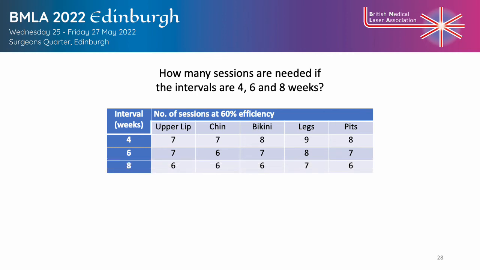And if you leave 8-week intervals, then it becomes between 6 and 7. So, in actual fact, what happens is that if you leave a little bit longer between treatment sessions, then the total number of treatments drops, but not by that much, only by 1 or 2. So it's not a significant difference.